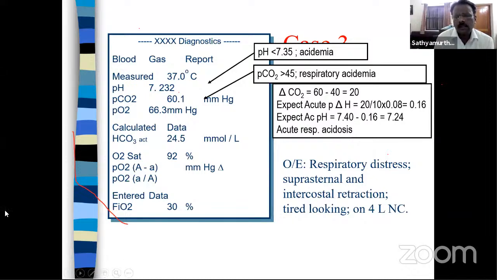Then I calculate the expected delta pH if it is acute: 20 by 10 into 0.08, so that will be 0.16. So in acute, the pH should have been 7.40 minus 0.16, that's 7.24. The patient's pH here is 7.23. So it is not correlating.